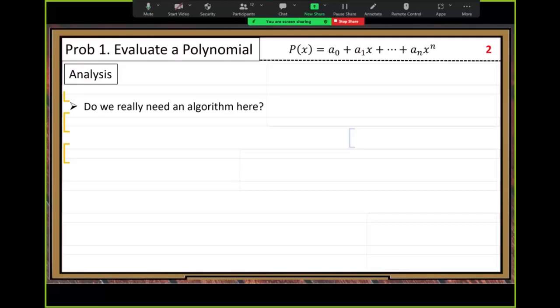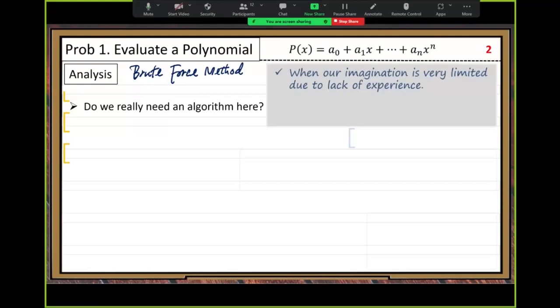Actually, there is a name for it. We call it the brute force method. Later we will discuss this brute force method.